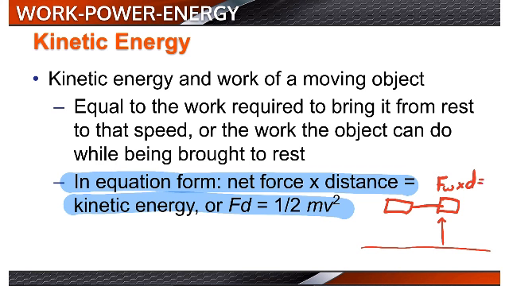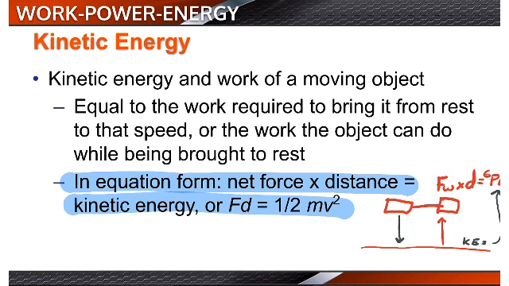That will tell us how much gravitational potential energy is stored in that particular object. Once that object is released and it falls, what's the amount of kinetic energy that it's going to have at the bottom? That's going to equal what we had in terms of gravitational potential at the top.